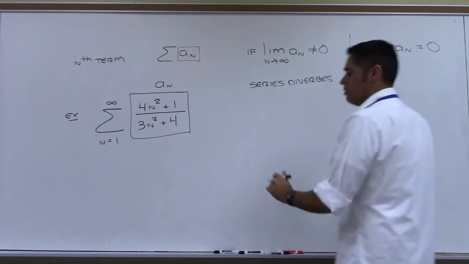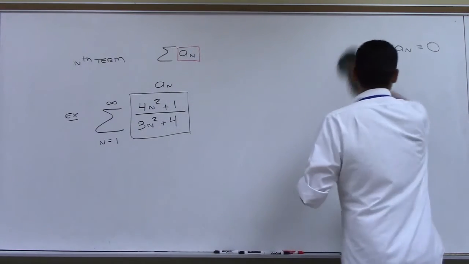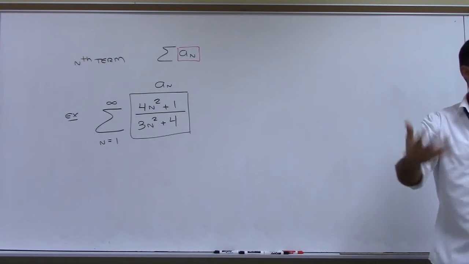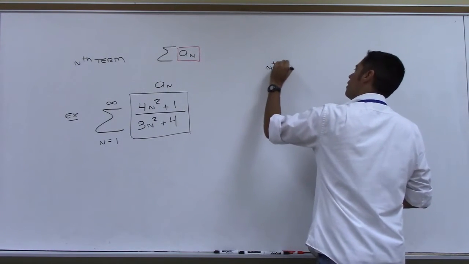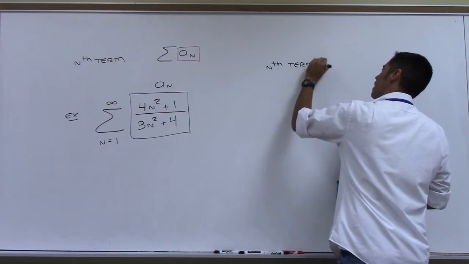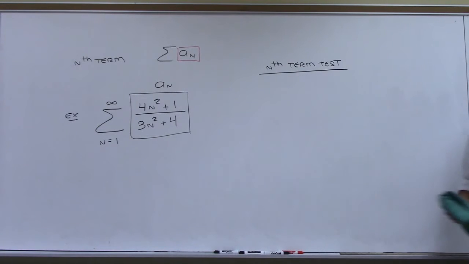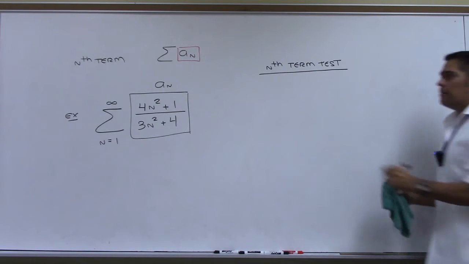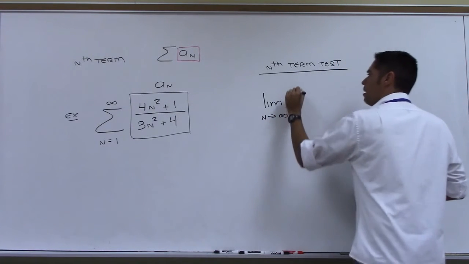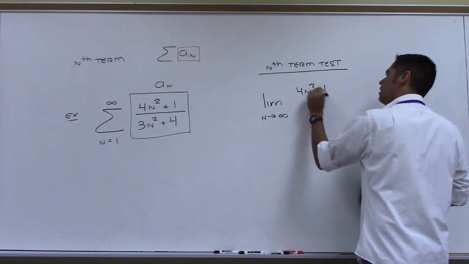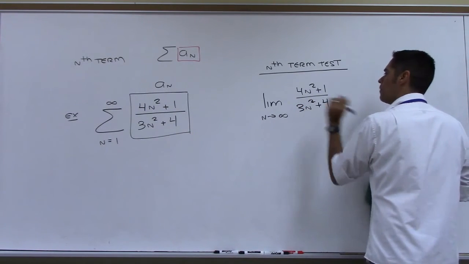So watch, I'm going to write this out the way that I would do it if I were doing this problem. I would say to whoever's looking at my work, here, nth term test. I'm going to write that out so that everyone knows that's what I'm about to apply. And that means I'm going to take the limit as n goes to infinity of 4n squared plus 1 over 3n squared plus 4.